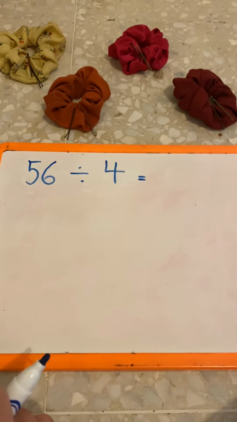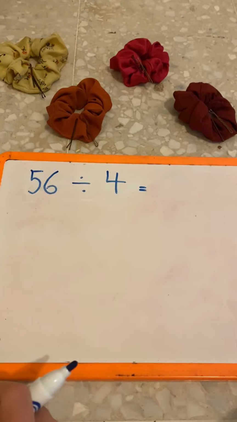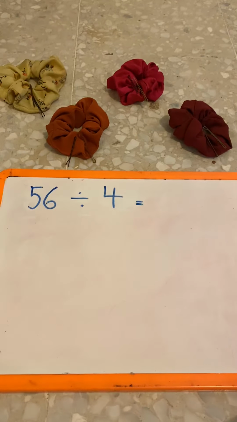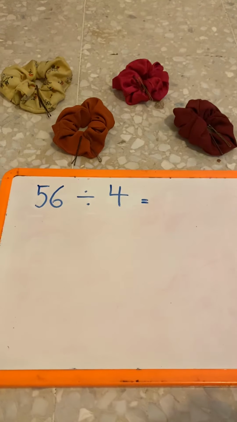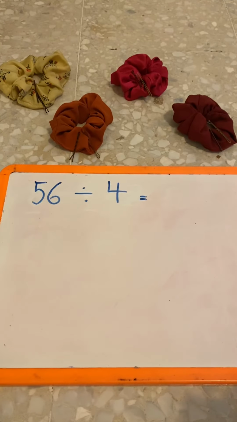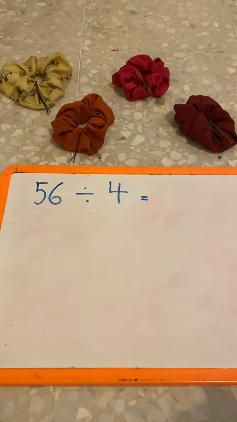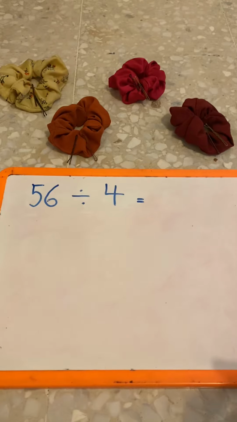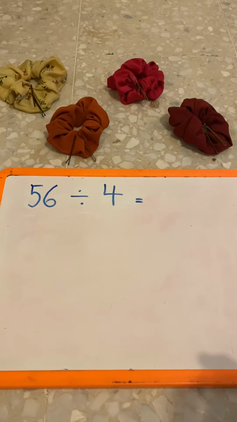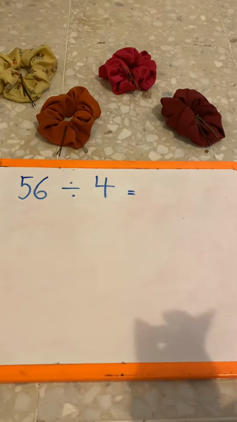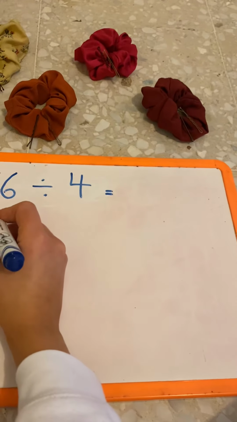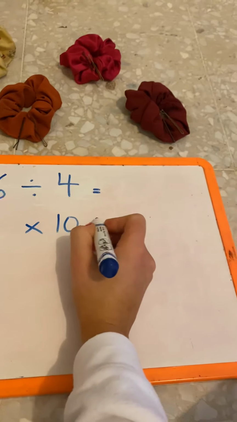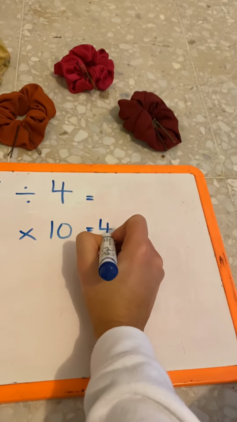So, as Mr. Steve showed you, it's very handy to make a big chunk first. Let's think of a big number. I know we could use the number 10. How many times will 10 fit into 56? Well, we know 4 times 10 equals 40.